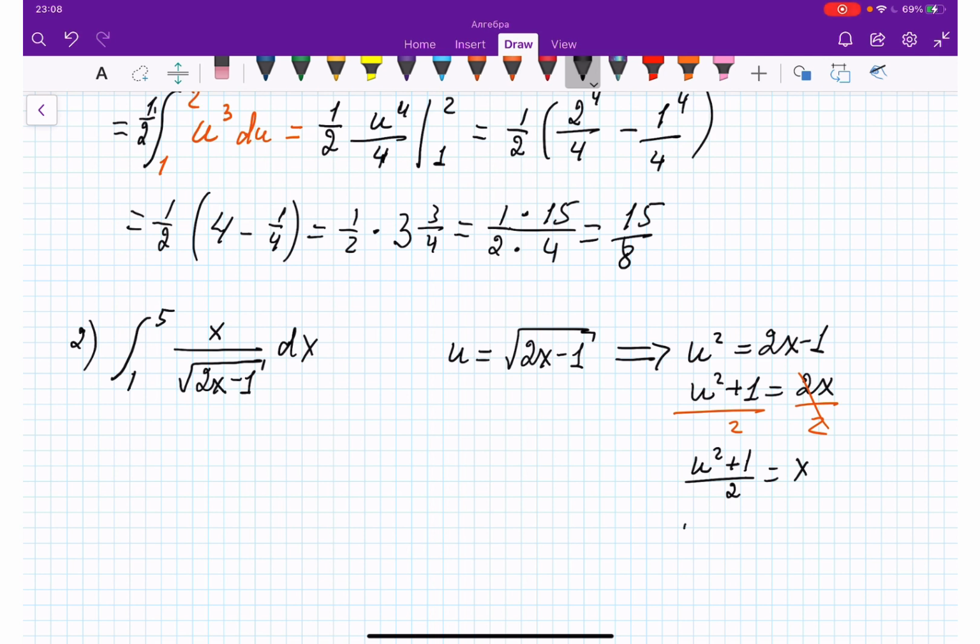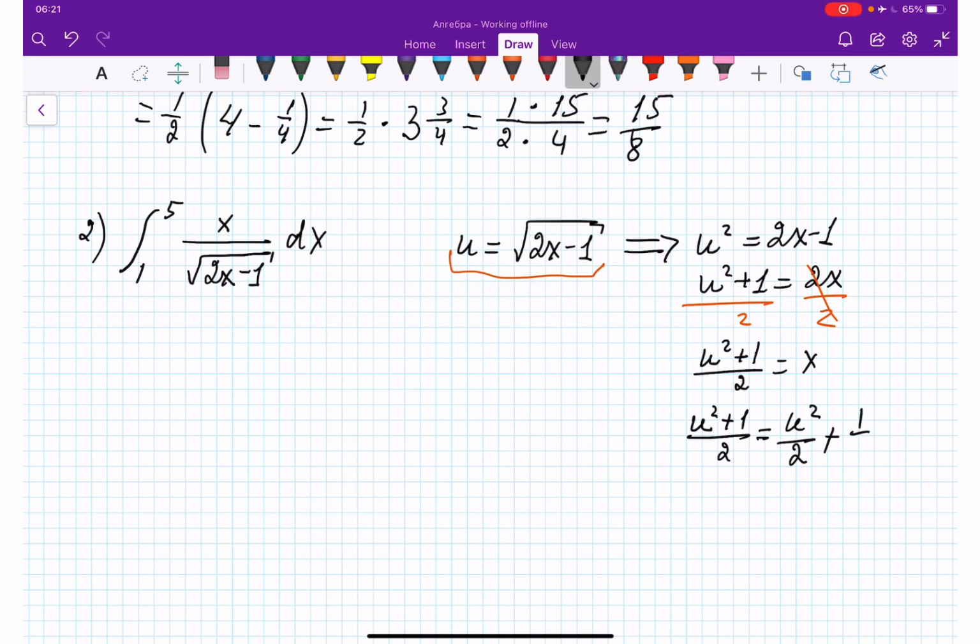Let me write down u squared plus 1 over 2, which is u squared over 2 plus 1/2 equal to x.